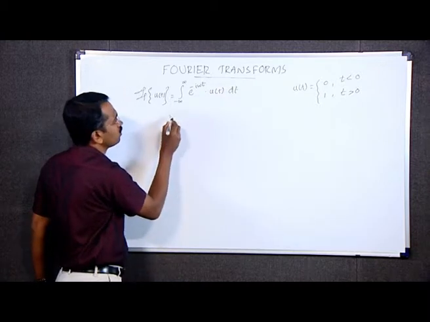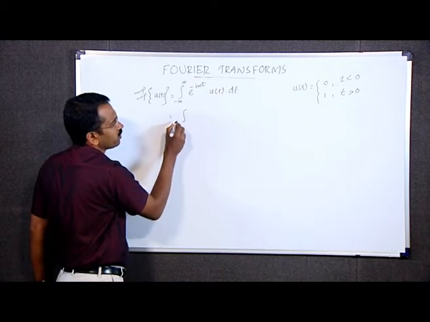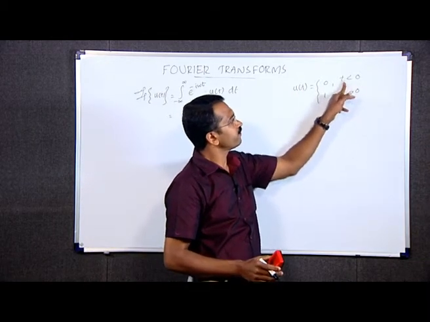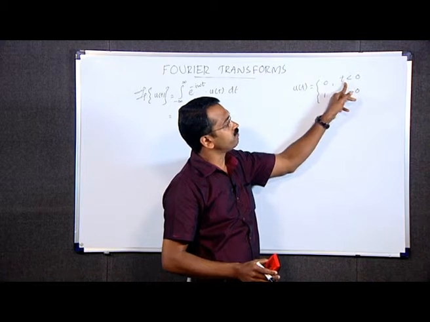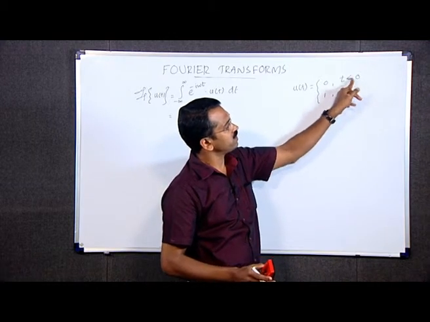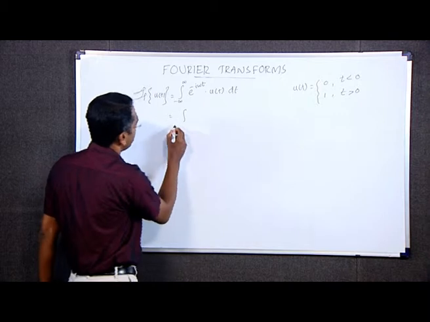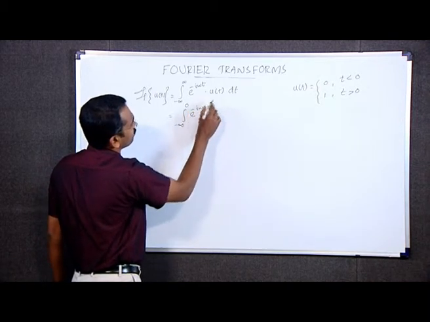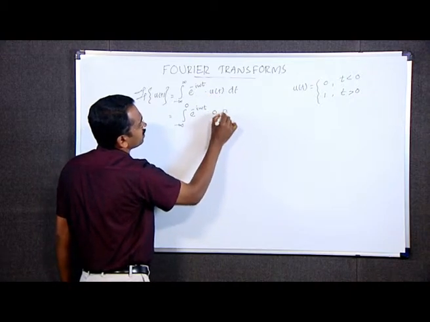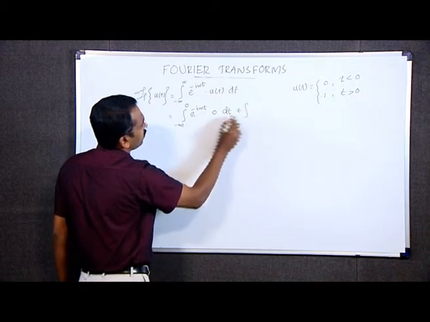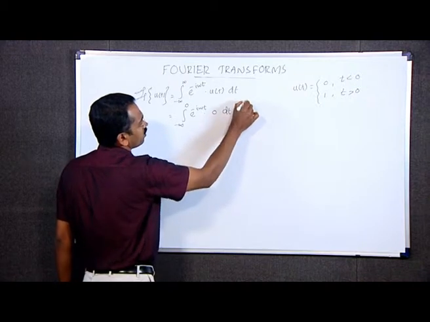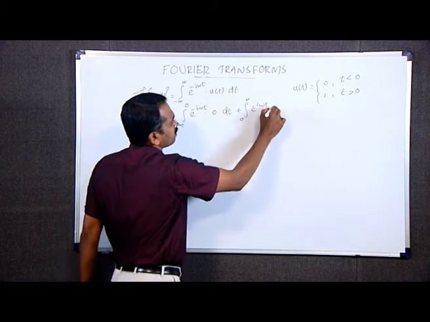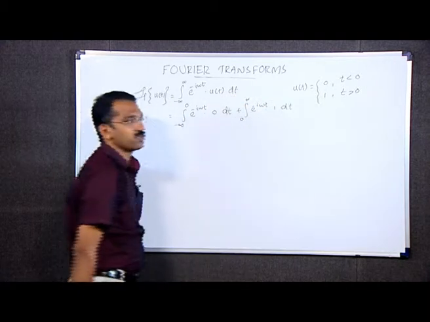The function is defined in two ranges. First, t less than 0, means minus infinity to 0, e raised to minus i omega t, in which case the function is 0, plus the second one, the integral from 0 to infinity of e raised to minus i omega t into 1 dt.